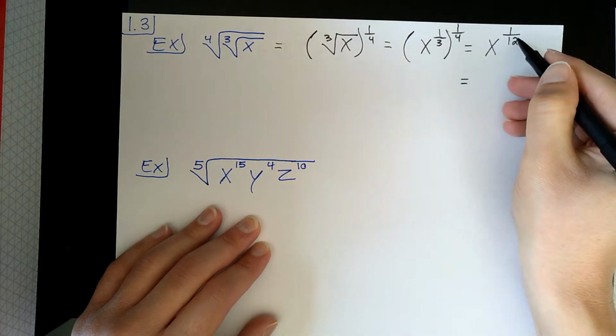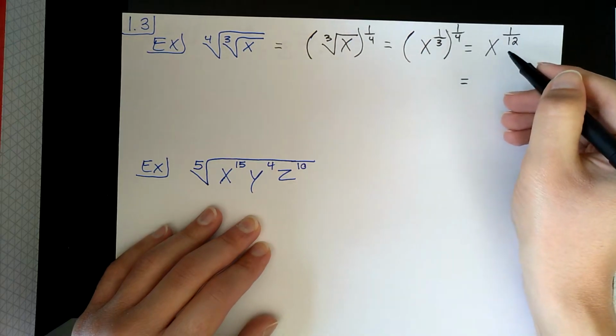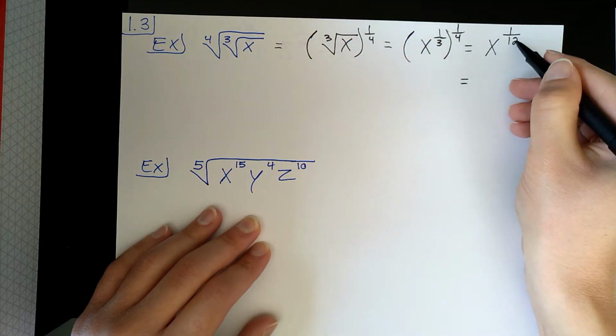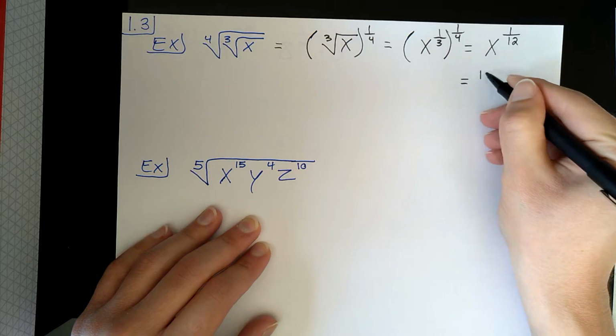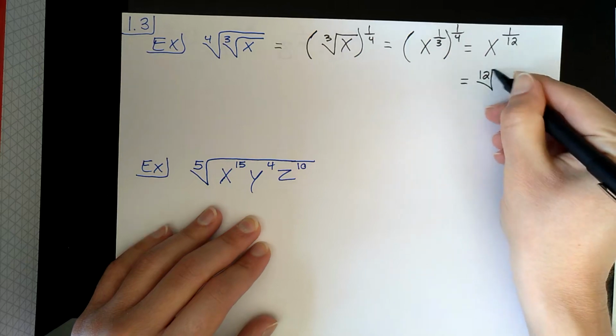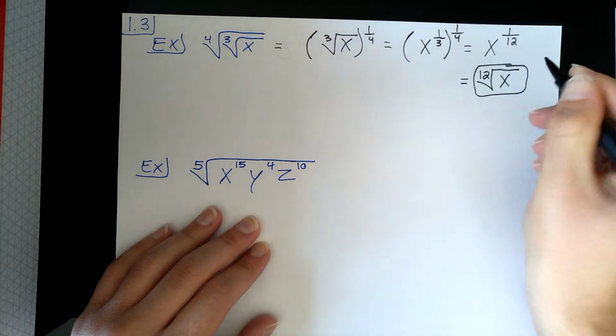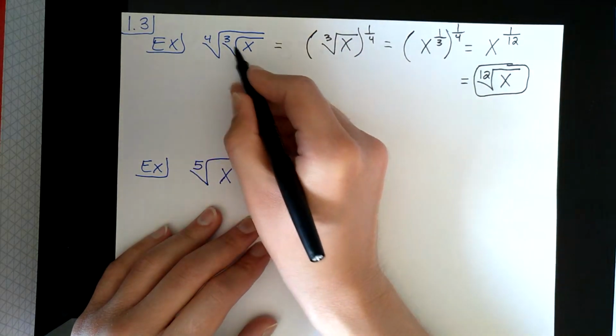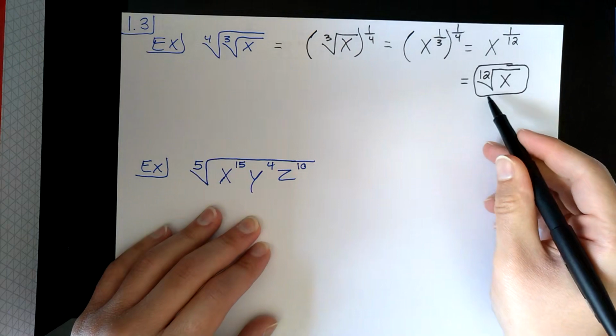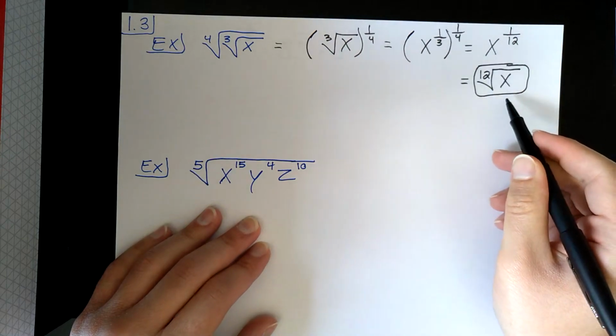And now converting it back to a radical, now that we've simplified, remember this 12 represents the radical index. So we get the 12th root of x. The fourth root of the cube root of x is the same thing as the 12th root of x.